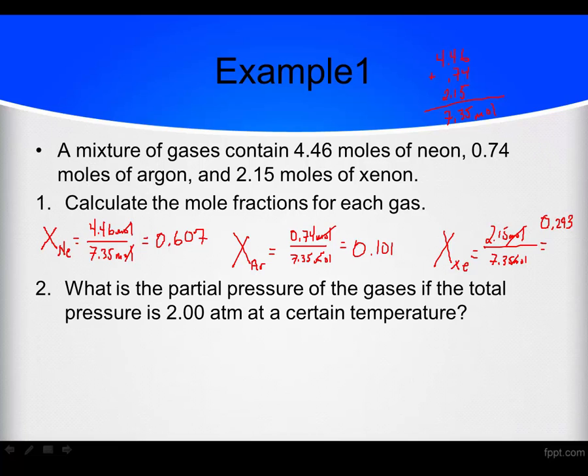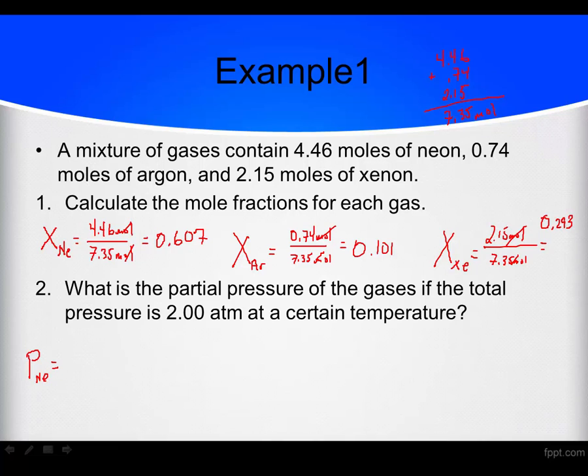If we're going to calculate the pressures in the second part, we need these mole fractions. So if I want to get the pressure of neon, there's 2 atmospheres total. The 0.607 mole fraction of neon is responsible for exactly 60.7% of this.